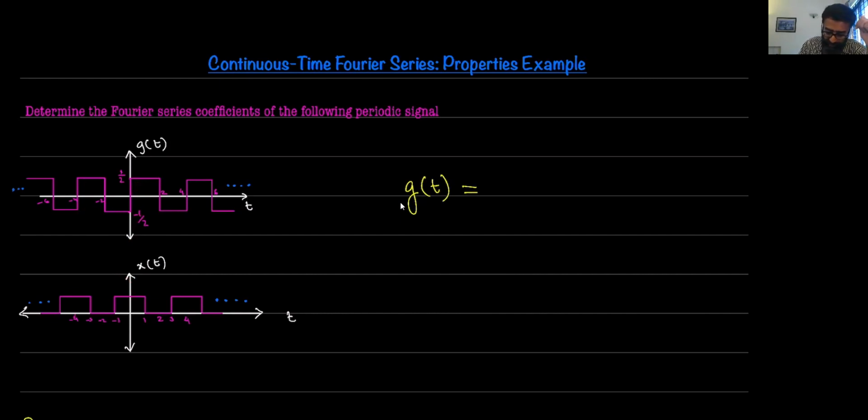And mind you, one of the examples that we did earlier, this height was 1. So g of t can be related to x of t as x of t minus 1 minus half.